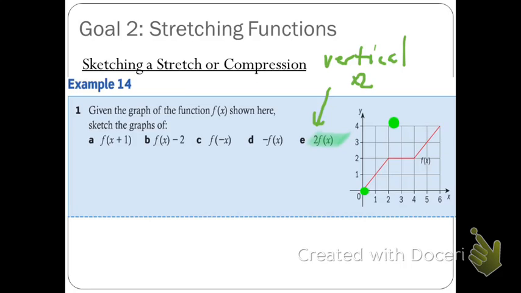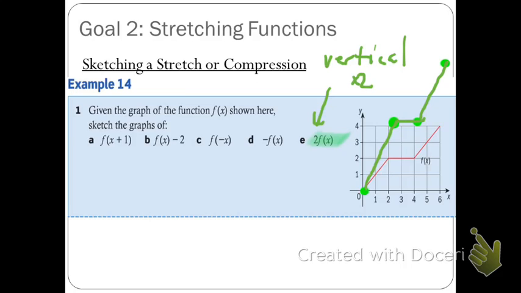The point 4, 2 would stretch to 4, 4. The point 6, 4 would stretch up here somewhere to 6, 8. You see the graph stretches horizontally in the exact same fashion that it did, but it just got twice as tall as it was before.